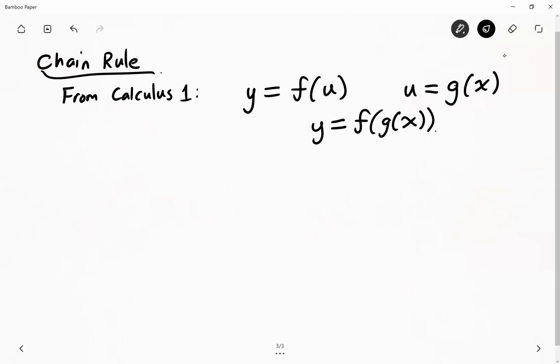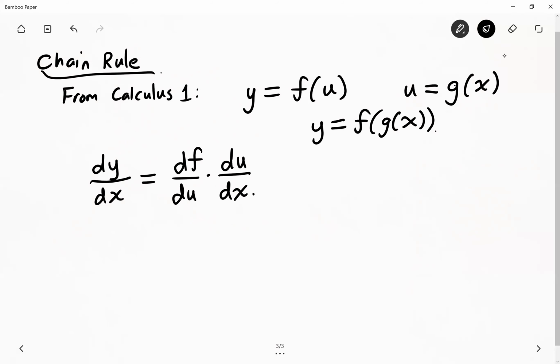And what happens if you want to calculate the derivative of y with respect to x? What is dy dx, especially when you have this intermediate variable u in there? Well, the way you can calculate that is find the derivative of f with respect to u times the derivative of u with respect to x.